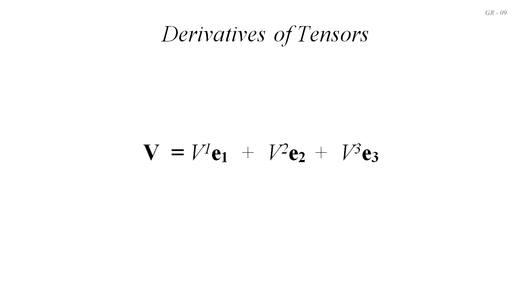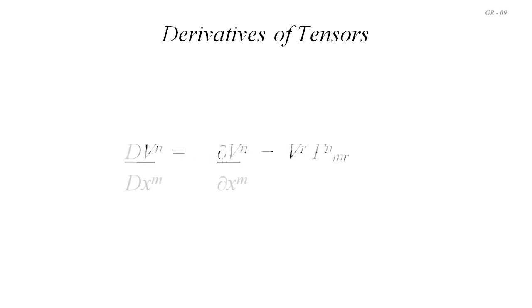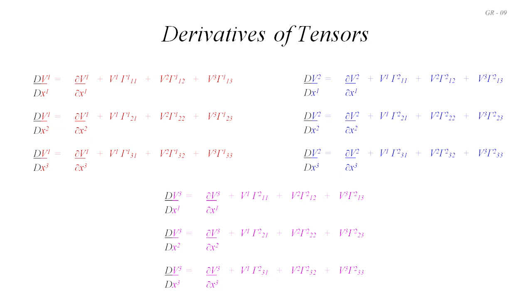In summation form, the covariant derivative of the 3 components v1, v2 and v3 is given by this equation. And writing this out for the 3 dimensions would mean we have 9 equations, 9 derivatives for the various 3 contravariant components differentiated with respect to the 3 dimensions x1, x2 and x3.